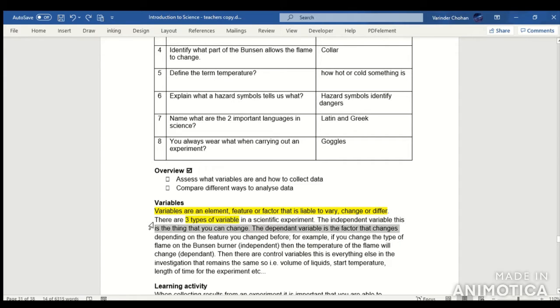Then there are control variables. This is everything else in the investigation that remains the same. Example: volume of liquid, start temperature, length of time, etc. So remember, control variables are the ones that we keep the same.